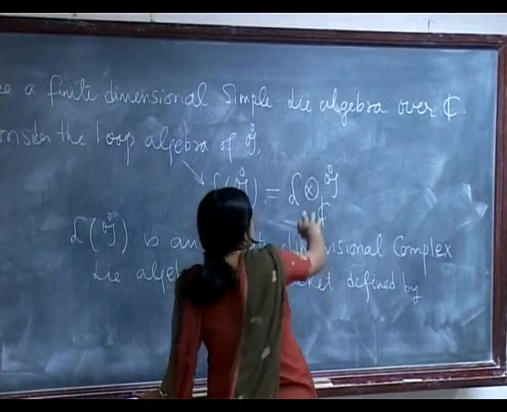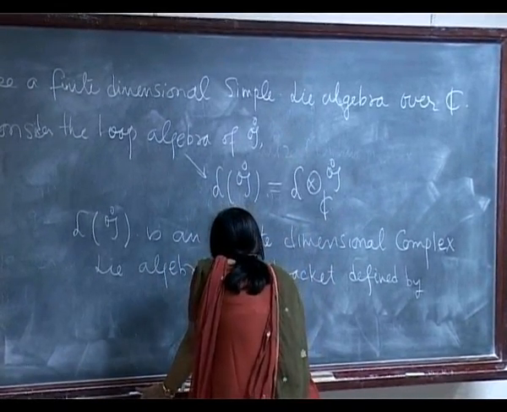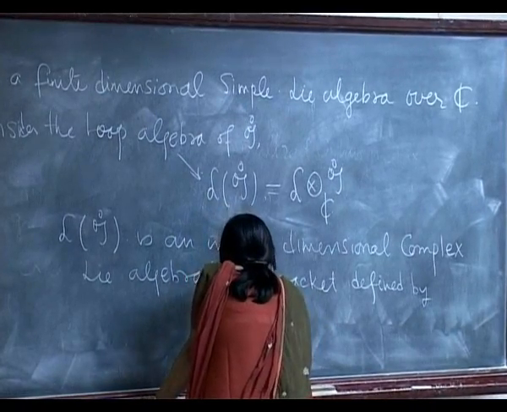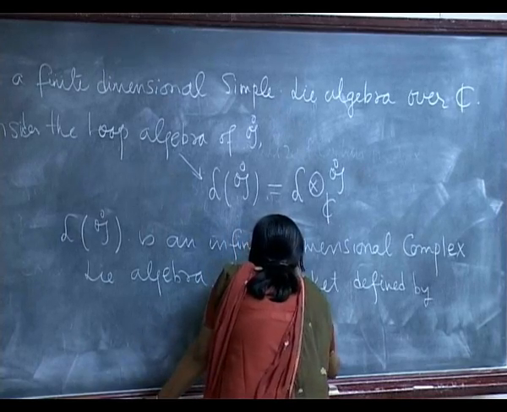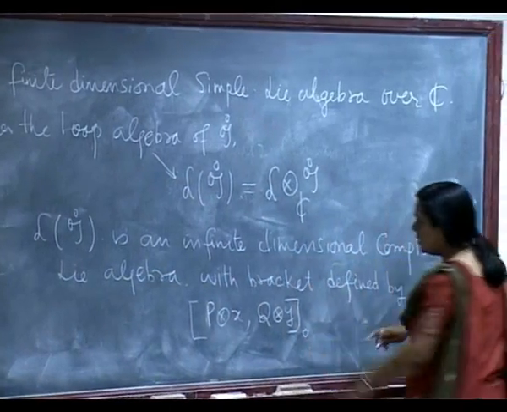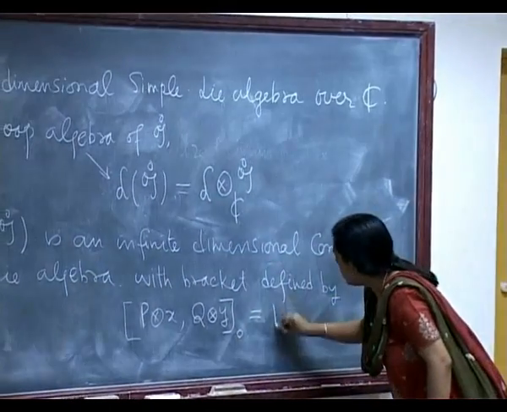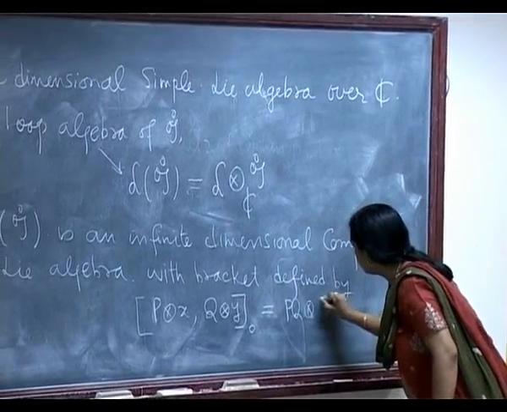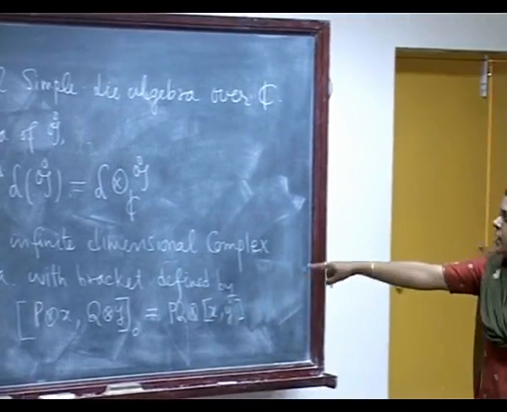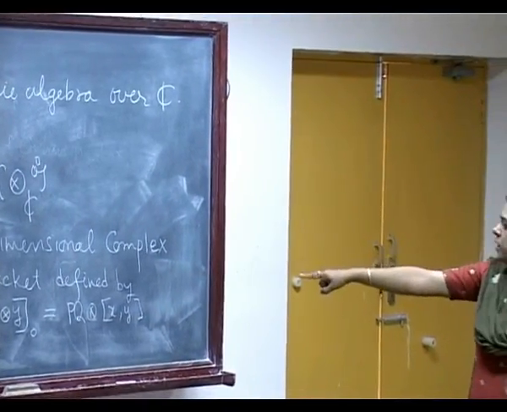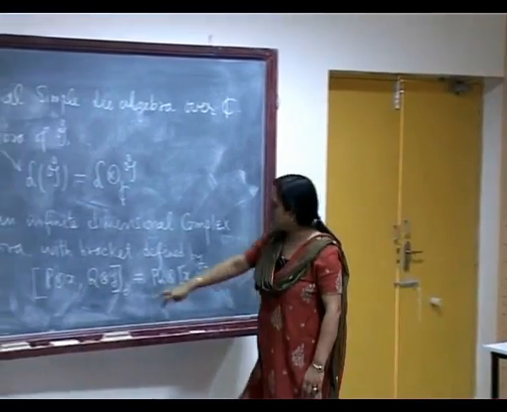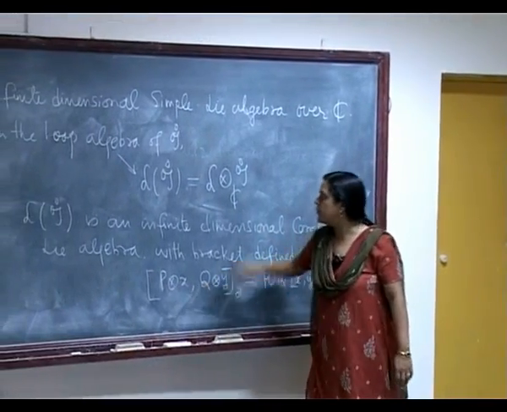So if we consider two elements, we call it P tensored X, Q tensored Y. We are denoting this bracket by this naught. So, this is PQ tensored X bracket Y. X and Y are elements from G naught and P and Q are elements from L. So, these are Laurent polynomials and these are elements from G naught.